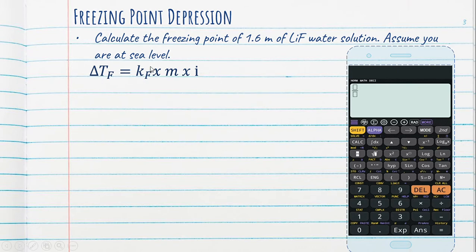Now we'll put in the values, which is 1.86 degrees Celsius per mole times 1.6 molal times 2, which is because lithium fluoride will dissociate into 2 particles.